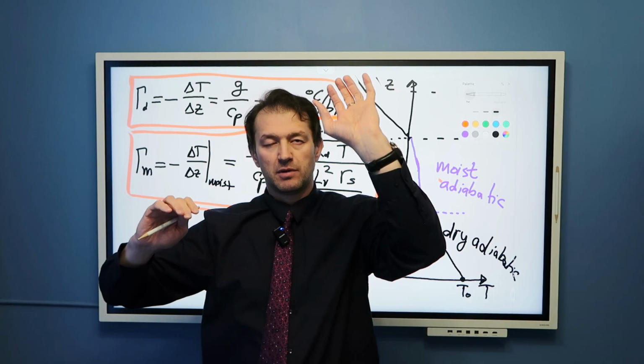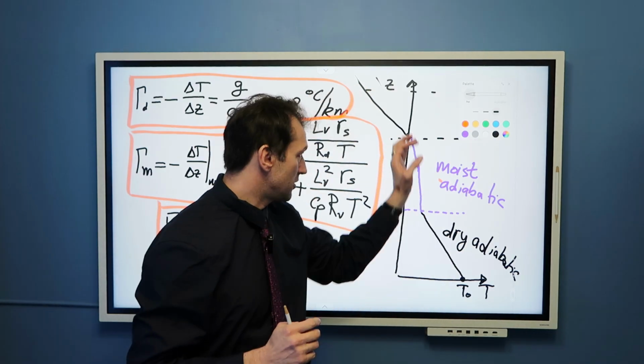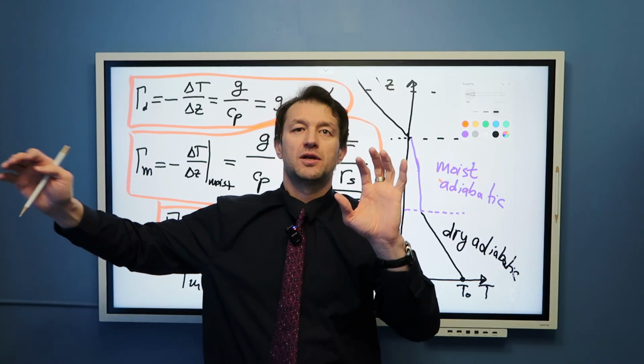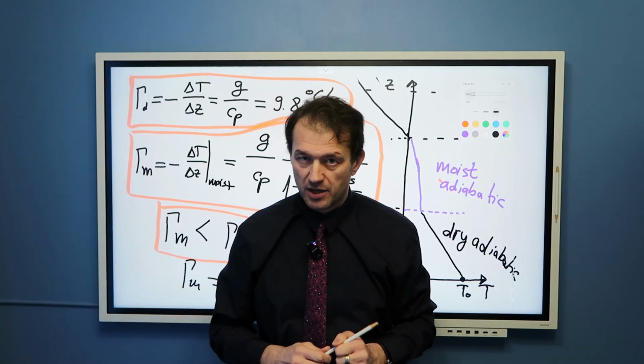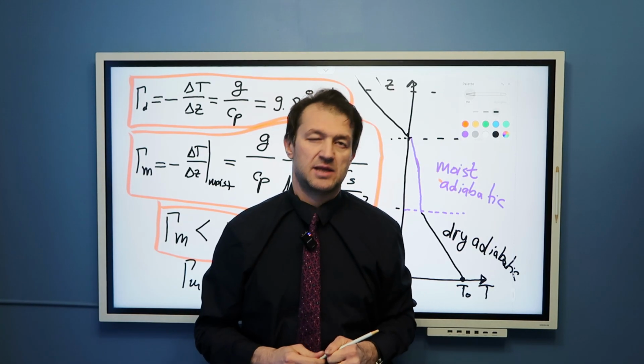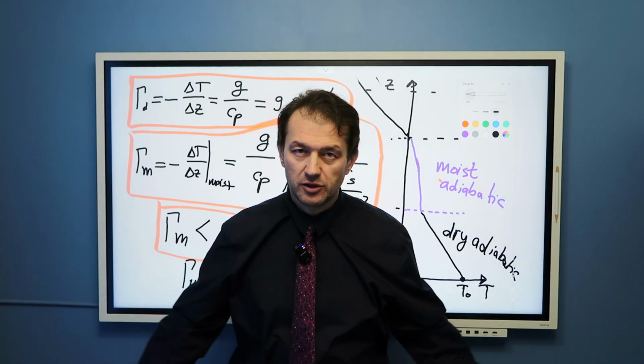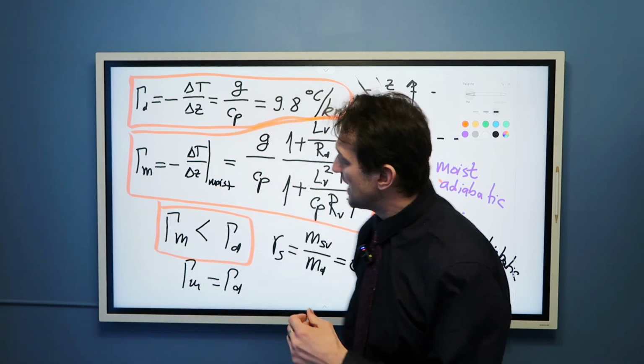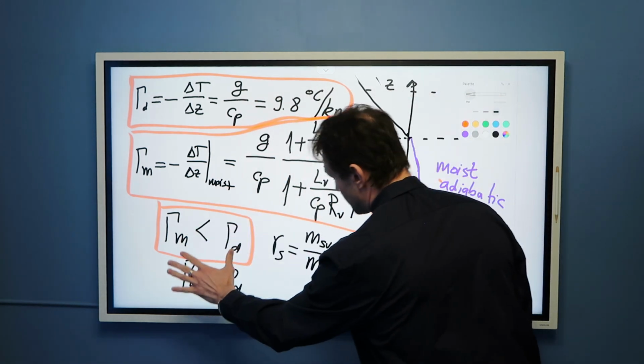How does the rate of temperature change match or not match the rate of change of temperature in the ambient static atmosphere? And that will reveal the concept of static stability of the atmosphere. To properly understand that, make sure you familiarize yourself with this concept.